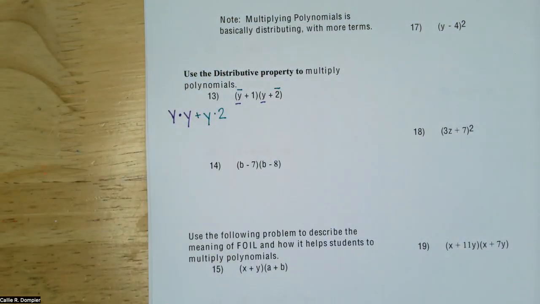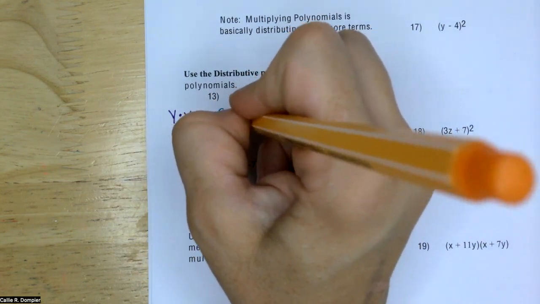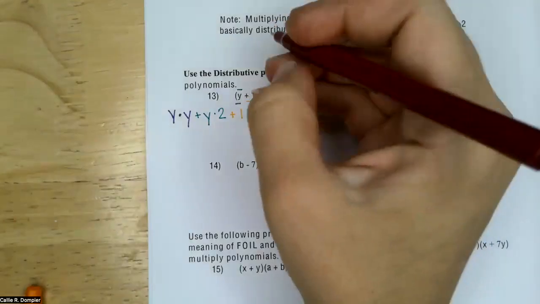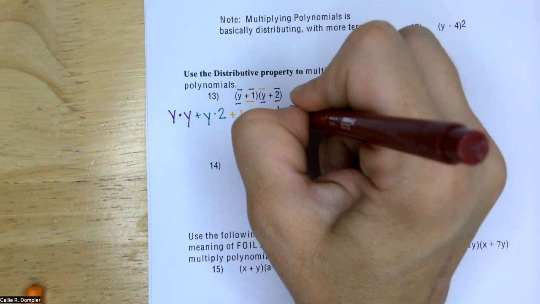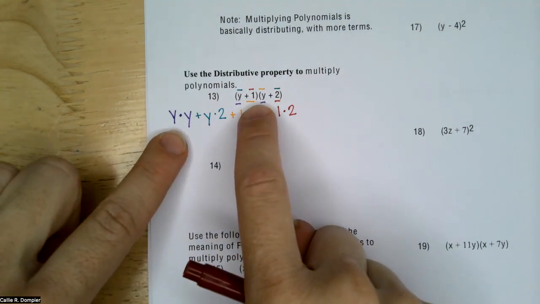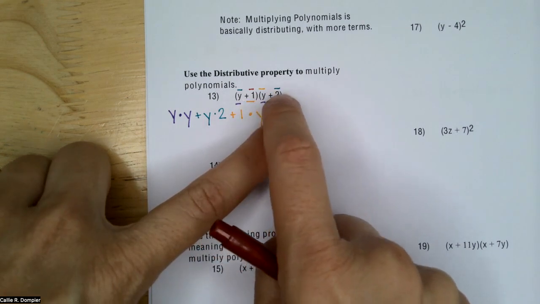Good. Now we're moving on. We did the y. Now we're moving on to the 1. Plus 1 times y plus 1 times 2. Y times y, y times 2, 1 times y, 1 times 2.